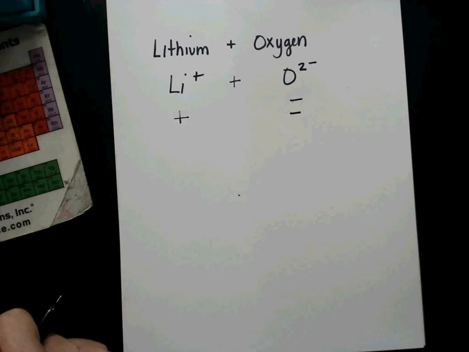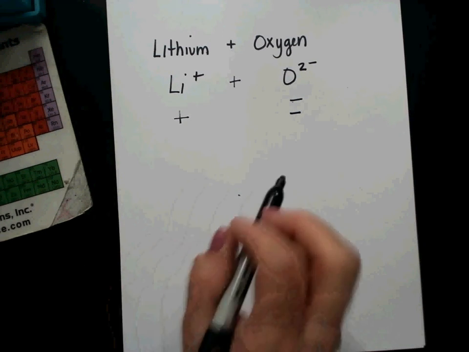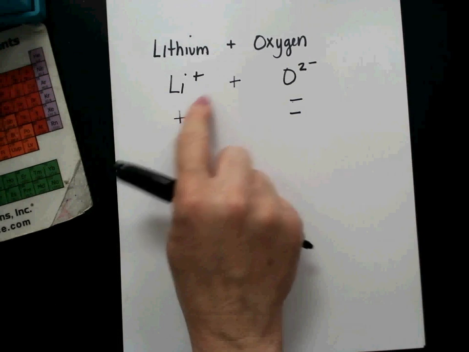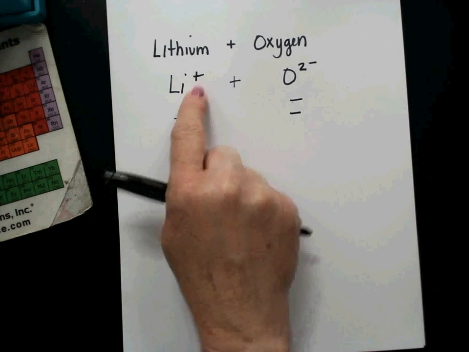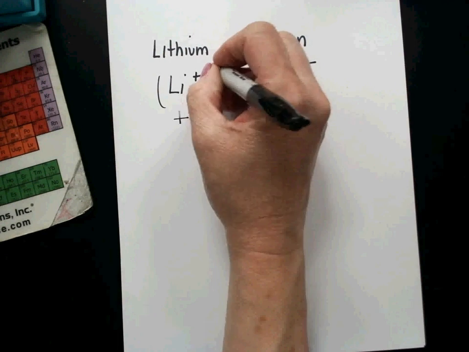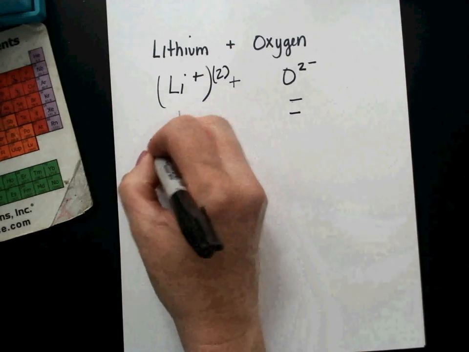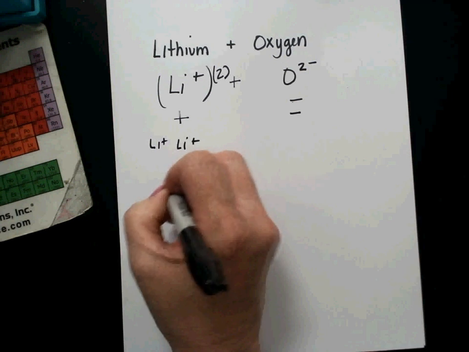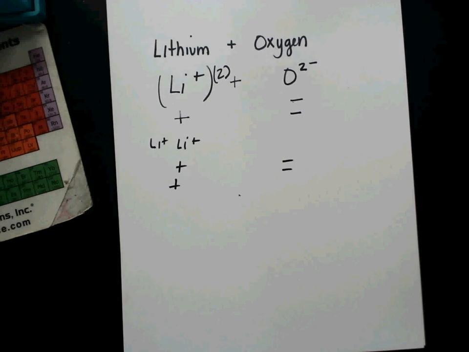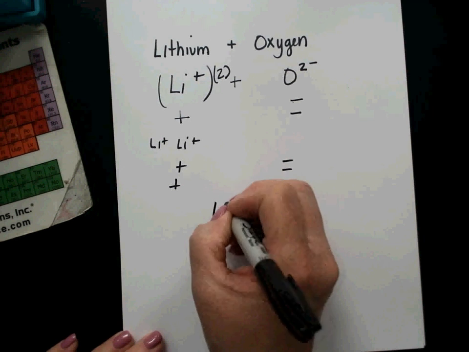So if I draw this, I have a plus, and over here, I have 2 minuses. Well, that does not work well. So I have to find my least common multiple. 1 times 2 is 2. How do I make this a 2? Multiply it by 2. So I have to go times 2, which gives me Li plus, plus, to minus, minus.